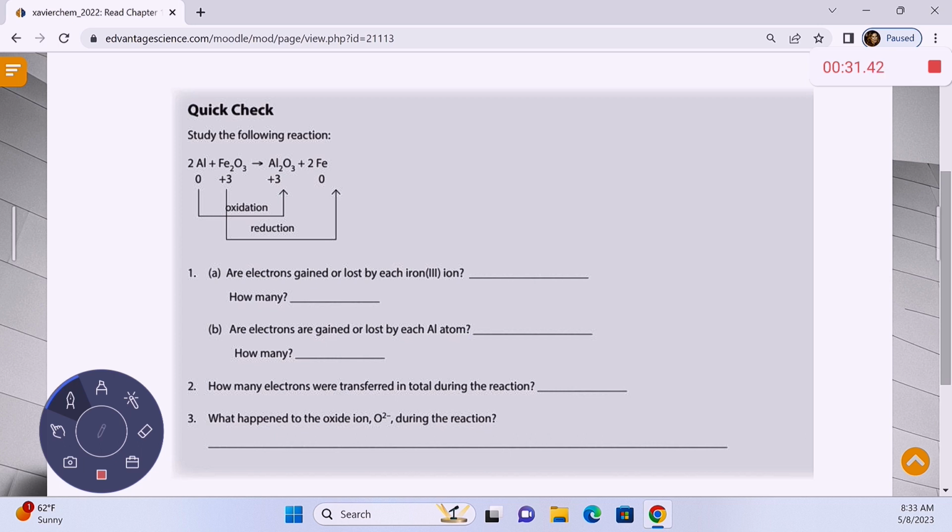Oh, that's true because it becomes negative. Wait. Okay. Are electrons gained or lost by each other?